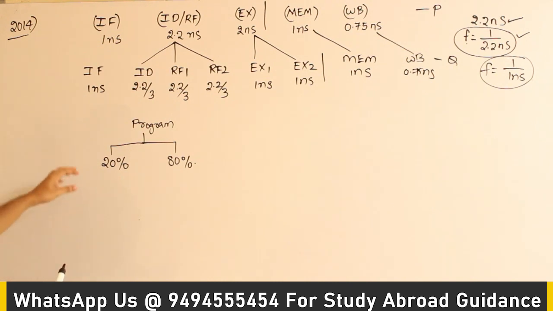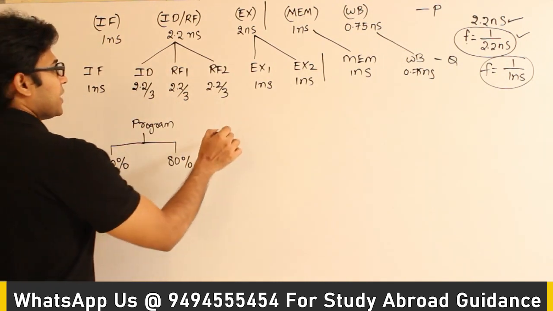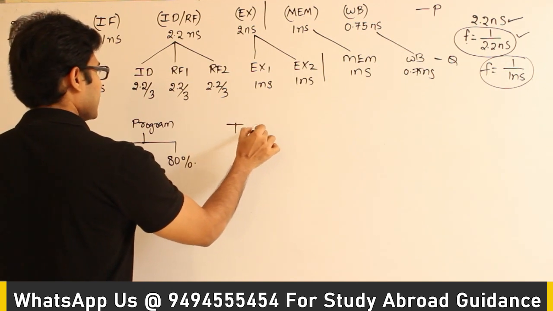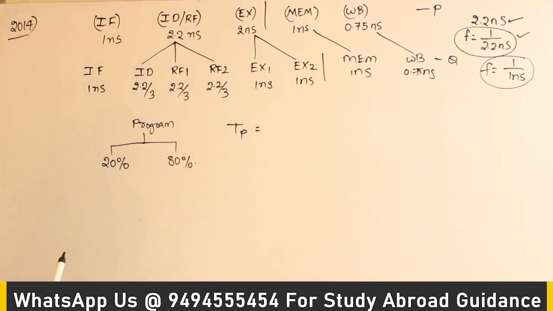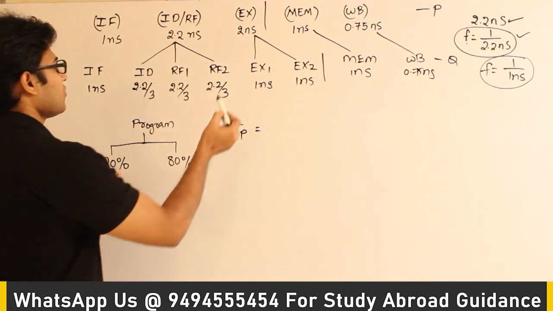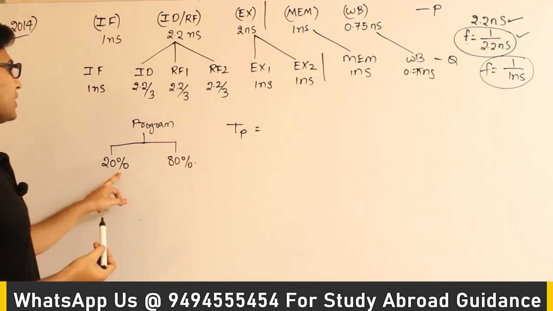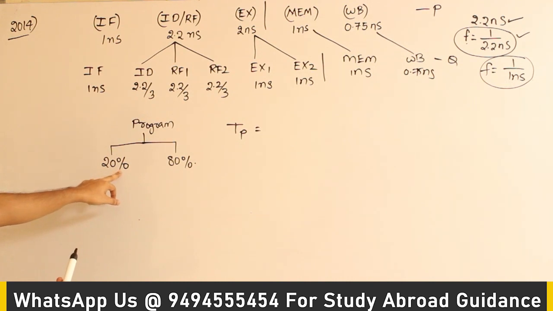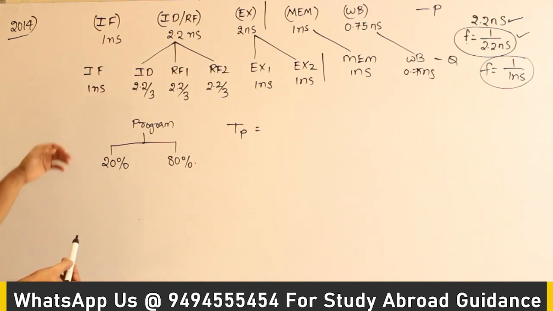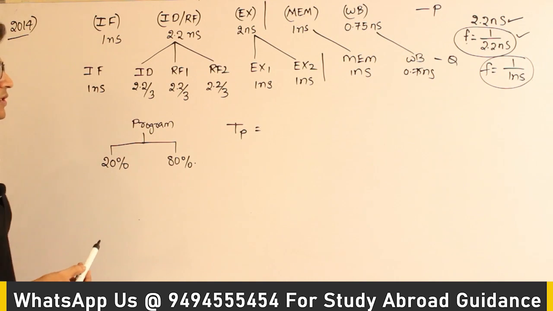So let's see how much time it will take to execute the program in pipeline P. It depends on how many stall cycles there are. 20% of the instructions are branch instructions, and their target address will be found after the execution phase in pipeline P. Therefore, the number of clocks required for each such instruction will be 3: 1, 2, 3, isn't it?